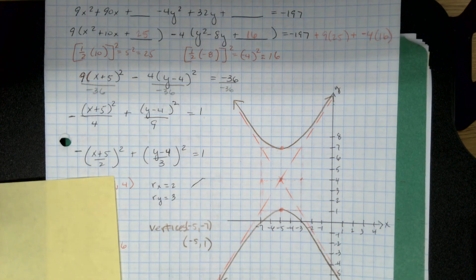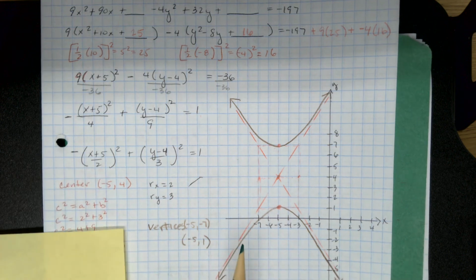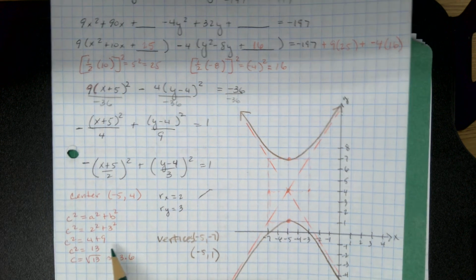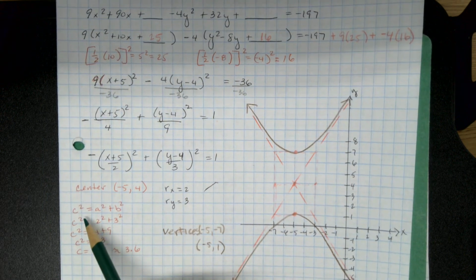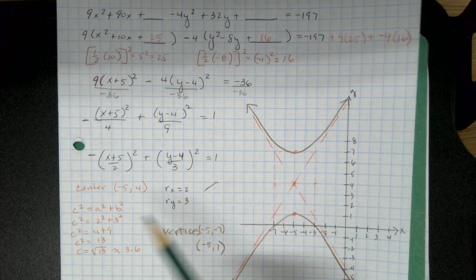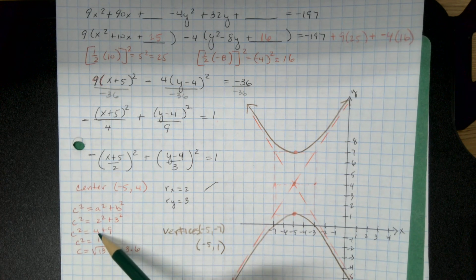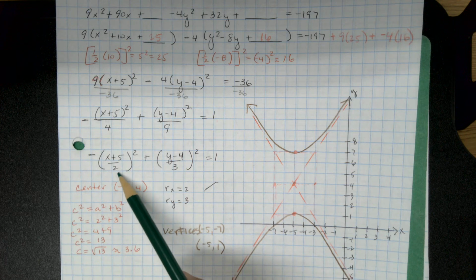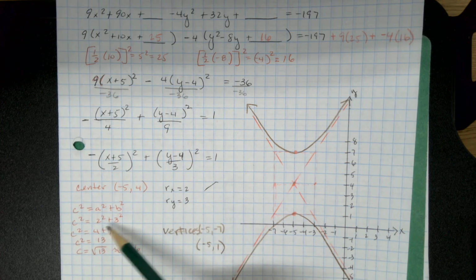Next thing to do is find our focal points. The focal distance is given by this formula, c squared equals a squared plus b squared. A is 2, b is 3.